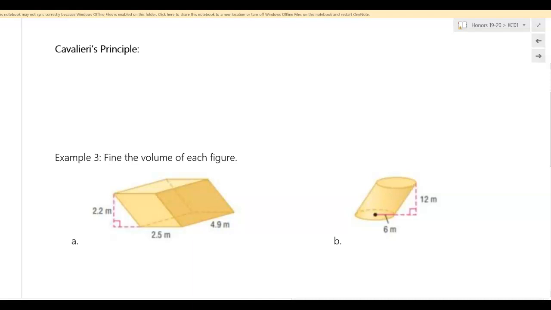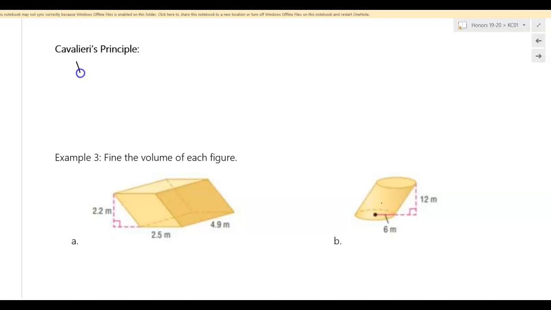All right, Cavalieri's principle. Cavalieri's principle is pretty much the same thing as what we just did. Basically the principle, if we look at these shapes down here, is that if it's sideways, it doesn't matter.